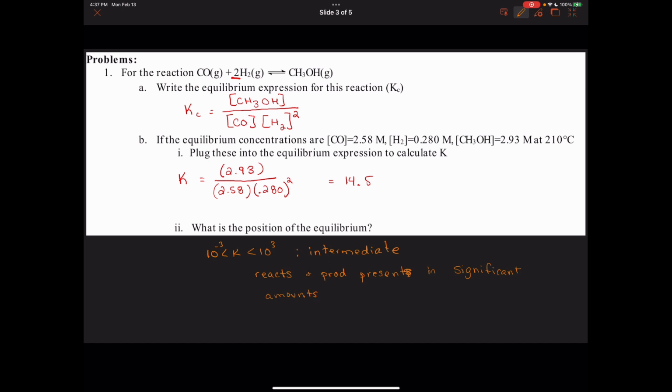And if we look at our concentrations, hopefully this makes sense. So at equilibrium, I've got 2.93 molar of my CH3OH formed, but I still have 2.58 molar of my reactant left over. So I have significant amounts of both reactant and product present at equilibrium. That will be true of our intermediate Ks.